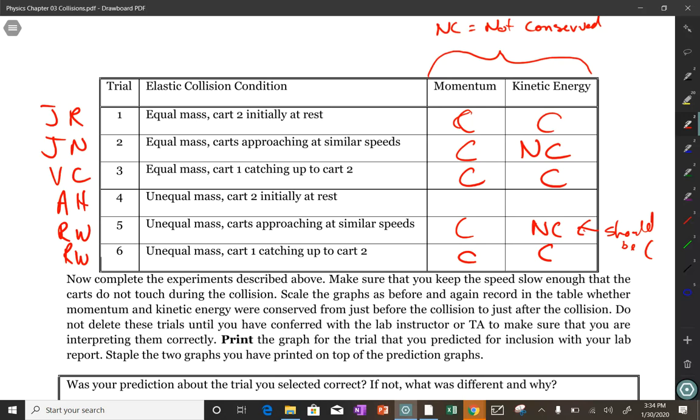Okay, that was pretty clear cut, right? Yeah, there you go. All right, well, that one, energy was not conserved. I said it was not gonna be. You put that in the wrong column. No, she put it in the right column, the momentum column.